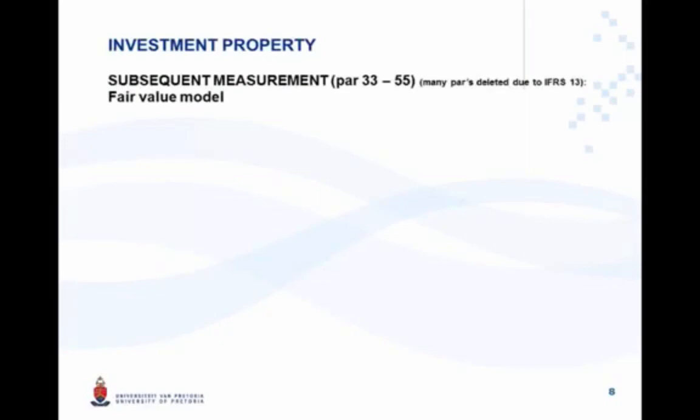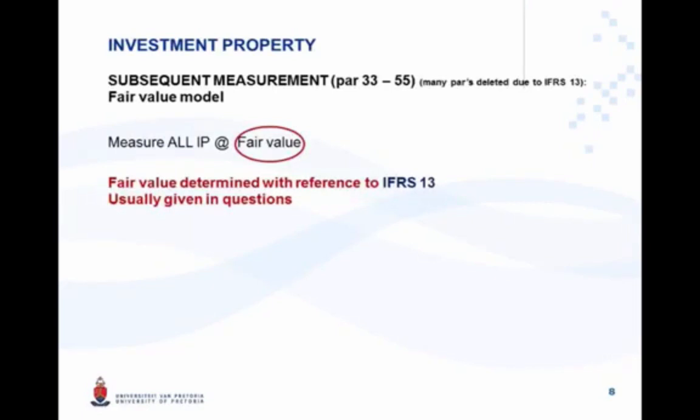Subsequent measurement, fair value model. You measure all your investment property at fair value. Fair value is determined with reference to IFRS 13, but in FRK 201 it would usually be given in questions.